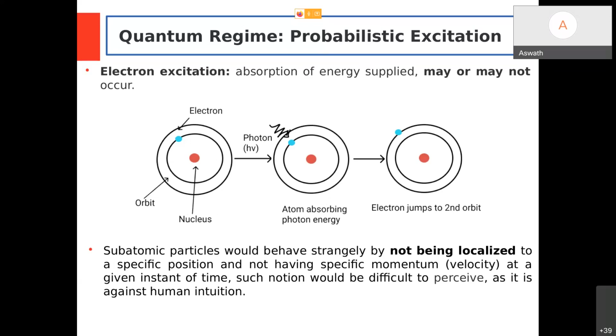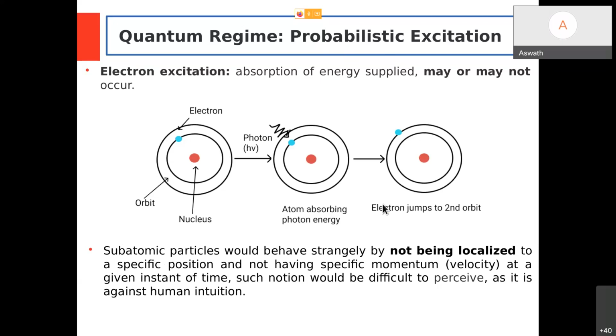Another way of understanding that experiment is to take the same atom, shine the photon on that atom 100 times, and see how many times it absorbs and how many times it does not. Out of 100, it will absorb only 60 times, and 40 times it will not absorb. So you are performing the experiment 100 times. That is what happens in the quantum regime, meaning the quantum level. The only way of explaining that is through the notion of probability.